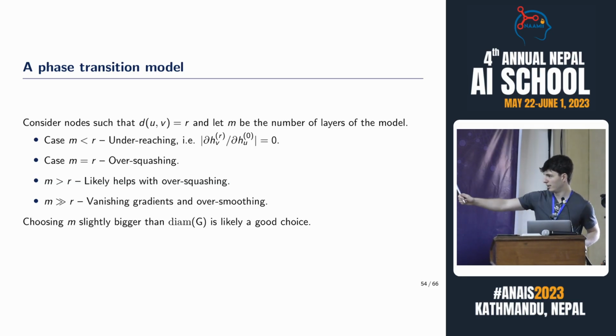Even massive social networks have surprisingly small diameter, so choosing a number of layers slightly bigger than the diameter is probably a good idea. Obviously, if you're in a big chain of molecules, then you can't do this.